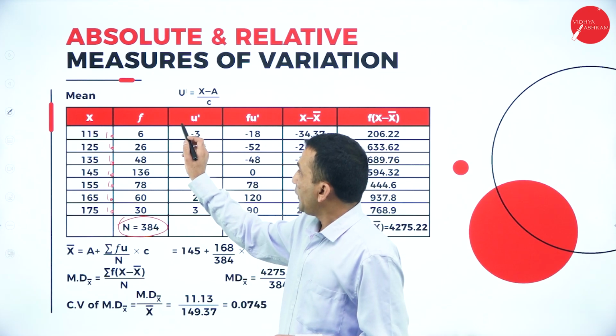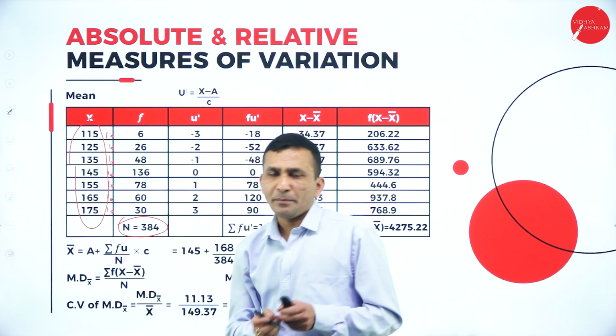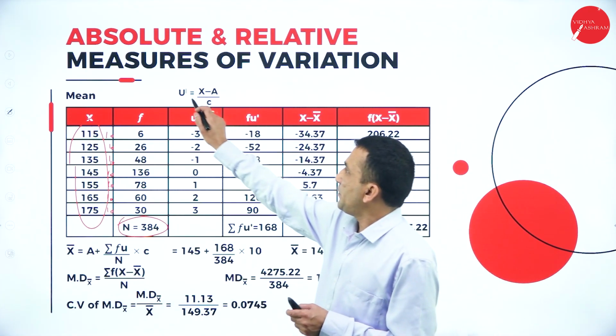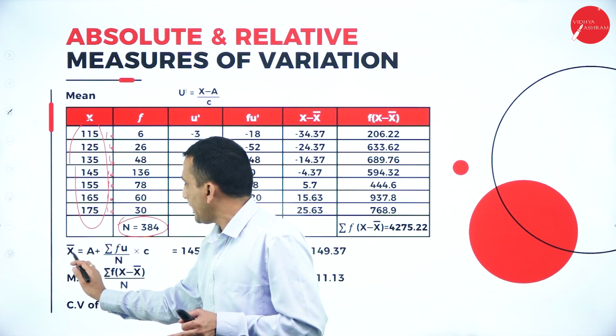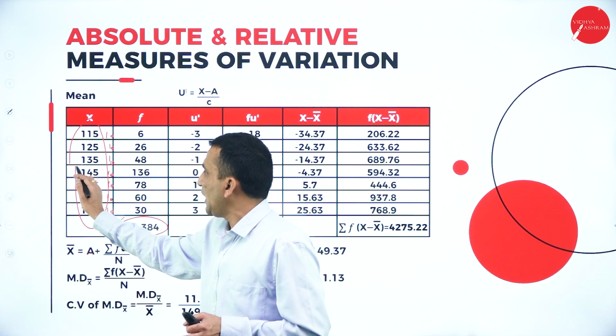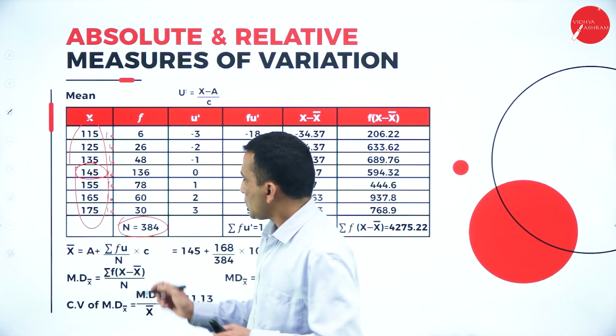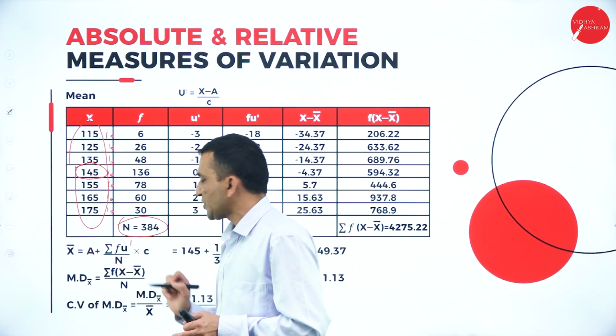Now what we need to do: because this data looks like three digits, I suggest doing it with the step deviation method. The step deviation formula for finding the X bar value: X bar is equal to A, where A is any one value from the X series that you assume as the assumed mean, so that's what I write at the A place, plus sigma f u dash.